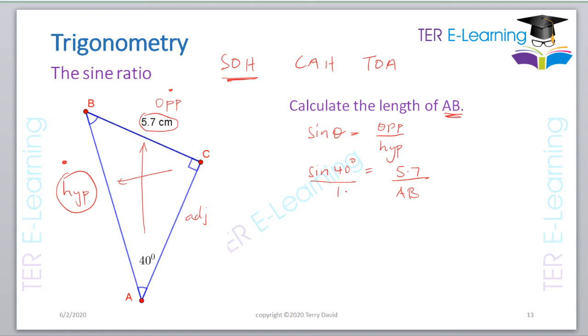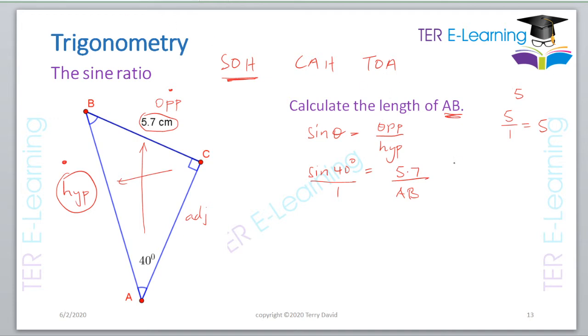This will allow us to cross multiply. For those of you who don't understand what I'm doing here, if I have the number 5 and I put 5 over 1, the answer is still 5. I'm not doing anything with it. All I'm doing is writing sine 40 as a fraction, sine 40 divided by 1.